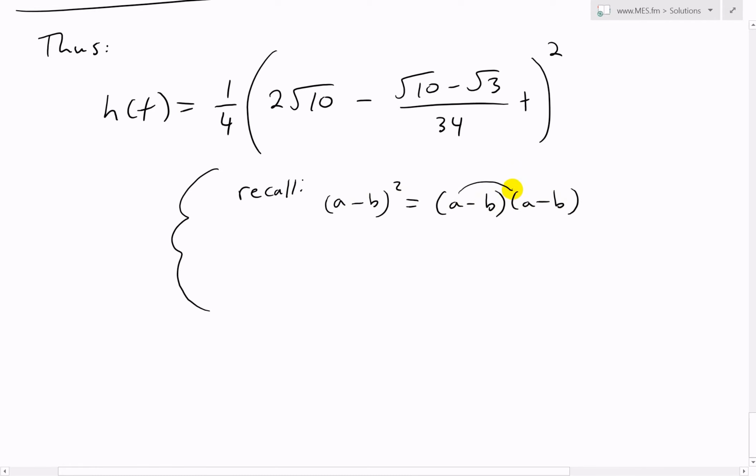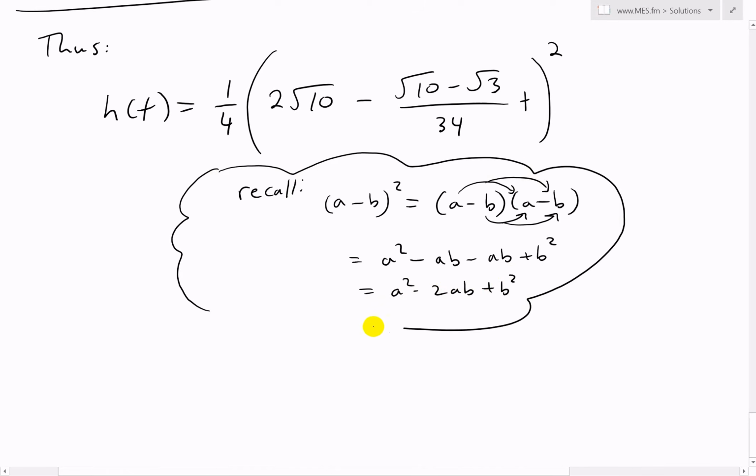When you multiply this by this, and this by this, and this by this, and add these all up, we get a squared minus ab, then minus ab again, and the last one is plus b squared. This adds up to a squared minus 2ab plus b squared. Just recall that.